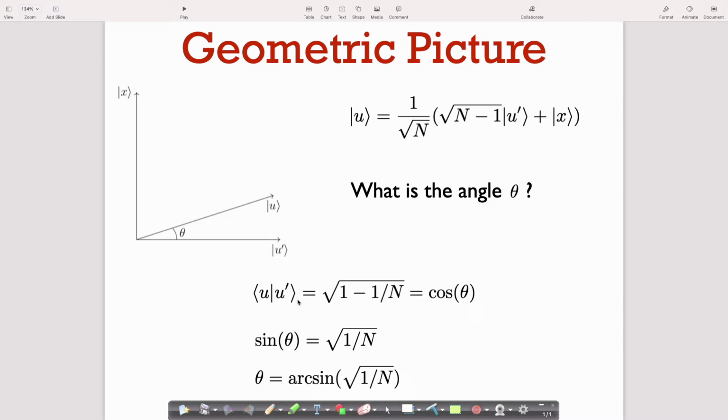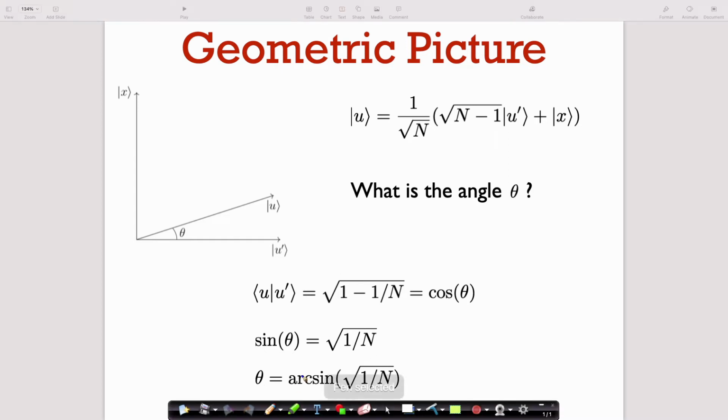And this inner product is just the cosine of the angle between them. So that means that the sine of this angle is going to be equal to the square root of 1 divided by n. And so the angle is the arc sine of square root of 1 divided by n.